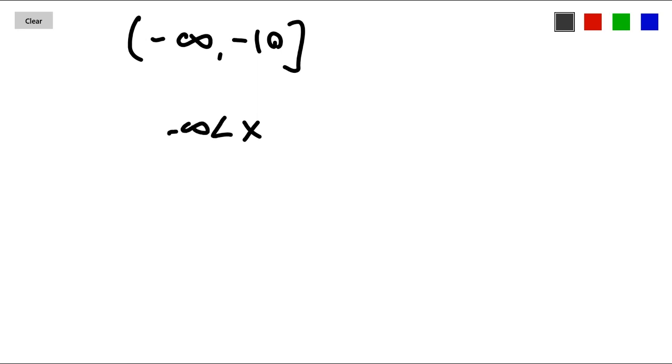So let's say that I had the interval from -infinity to -10. So we have a value in between, and we know that x is always going to be greater than -infinity because there is not a number out there that's smaller than -infinity in this context. And we know that -10 is our right bound, but it's included. So we represent that with a less than or equal to symbol and then a -10 following it.